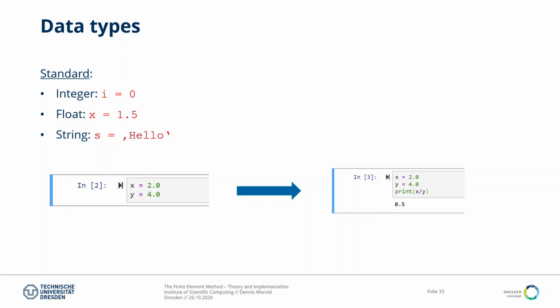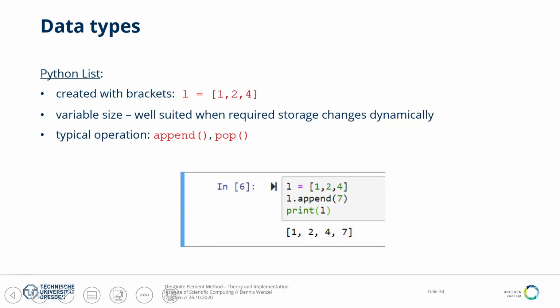Okay, after talking about those standard data types, we will have to look into a few slightly more complex data types. And the very essence of Python is the list. So a list is a combined data type where you can write more than one variable in there, and they are denoted by using the brackets.